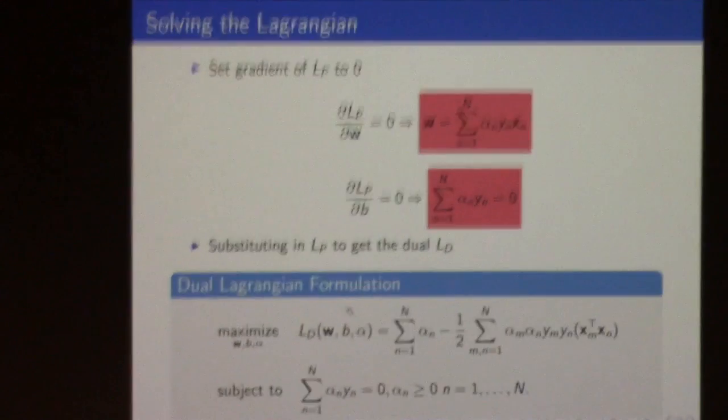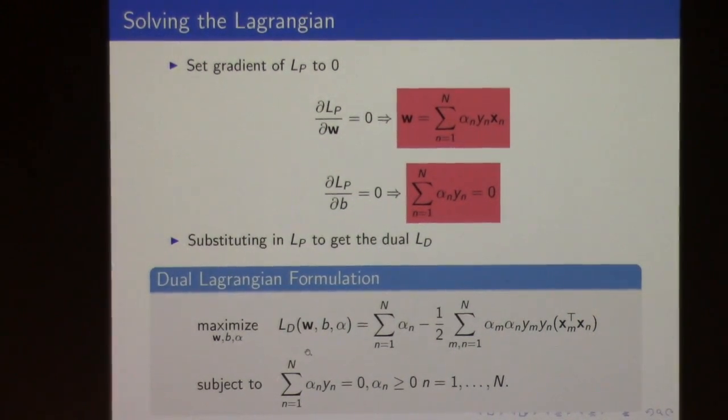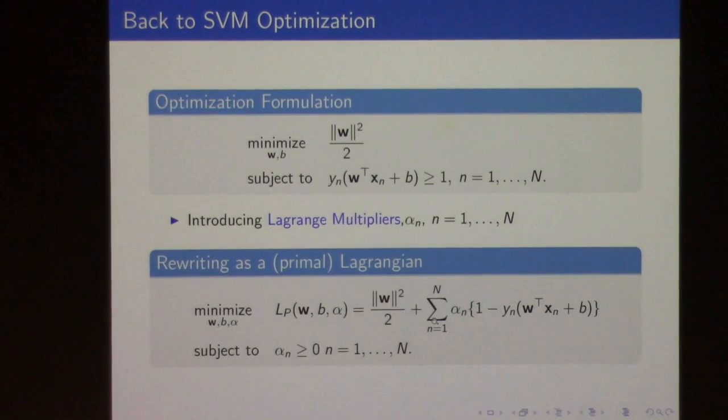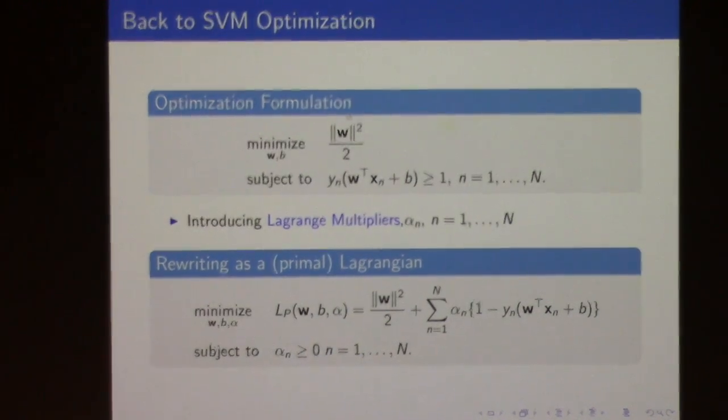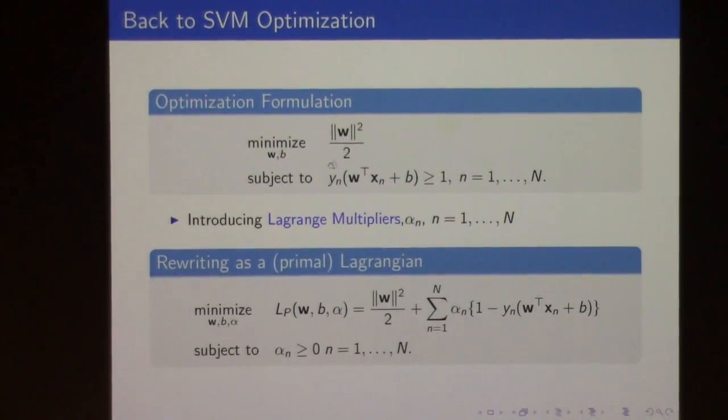So the reason we can apply the kernel trick to support vector machines is because of this formulation. If we had the original formulation, which was this, where we minimize this term subject to these constraints, we could solve it just in this form, because it's just a constrained optimization problem.